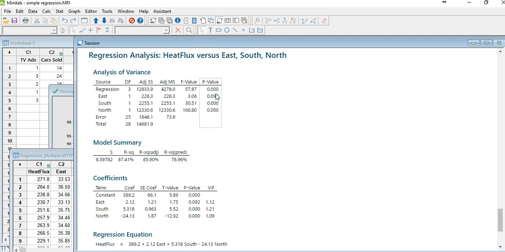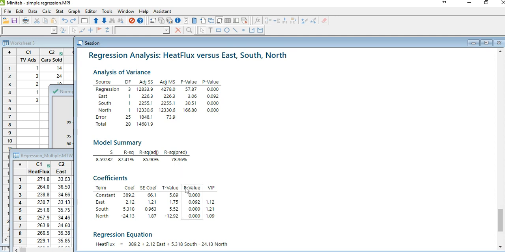Okay, so the regression equation is significant because the p-value here is close to 0. Now if you further look at all the four coefficients corresponding to the intercept and the east, south, and north, you can see the intercept, south, and north are close to 0, indicating that they are significant, meaning that they are not equal to 0.